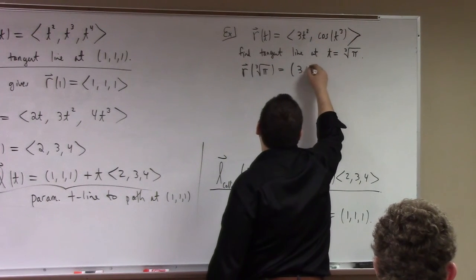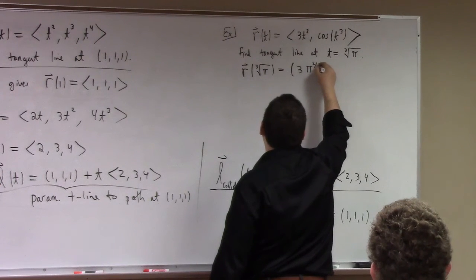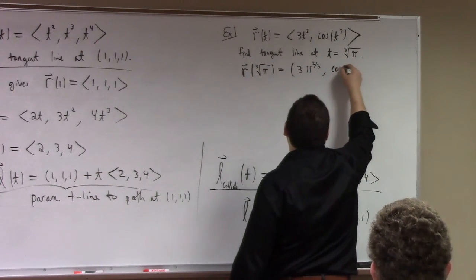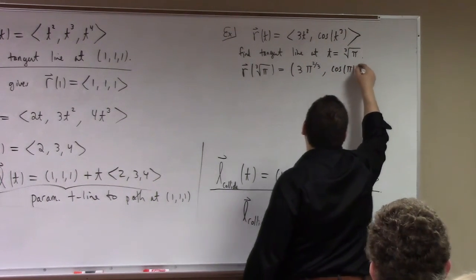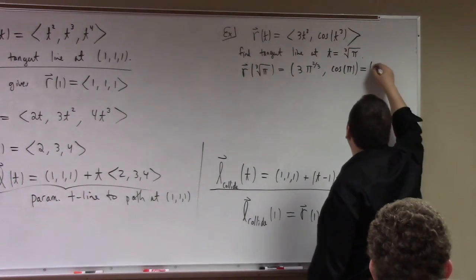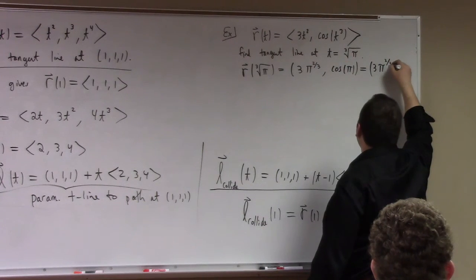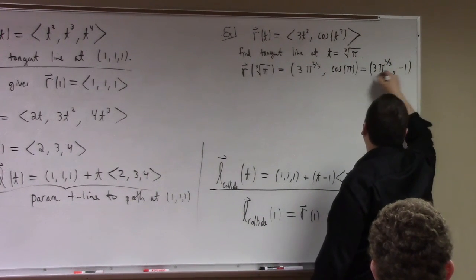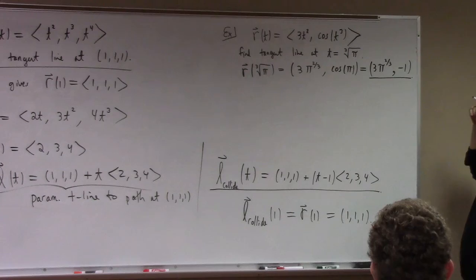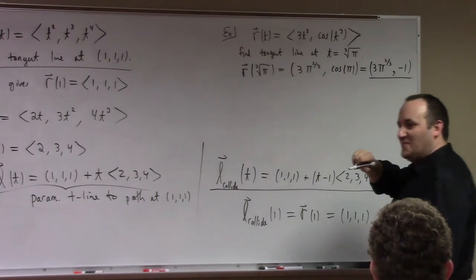It would be 3 times pi to the 2/3, whatever that is, and then cosine of pi, right? What's cosine pi? This we should all know without a calculator. Yeah, minus 1. So there's your point of tangency. And then here's a popular wrong thing people do.